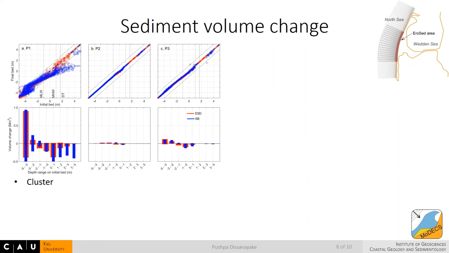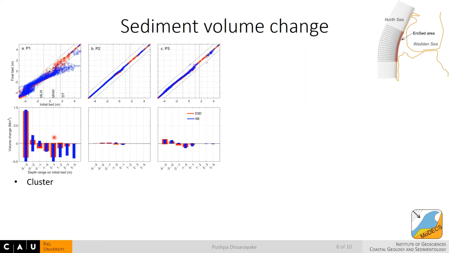So those 2 dashed lines indicate 20% deviation from the no change situation. Blue is XBeach, red is Delft3D. Here we can see strong changes when you go for the dune area. So this is dune to level, mean high water and mean low water. In P2, there are very weak change, and in P3 we can see some changes.